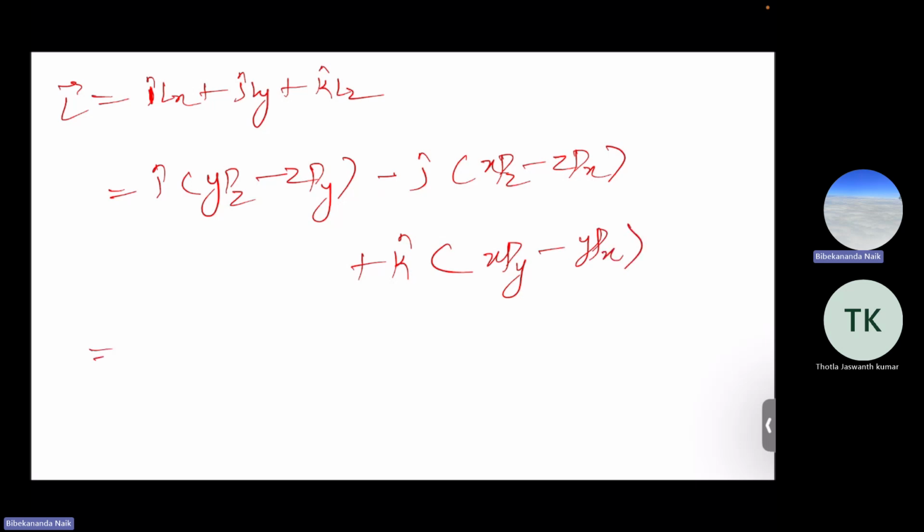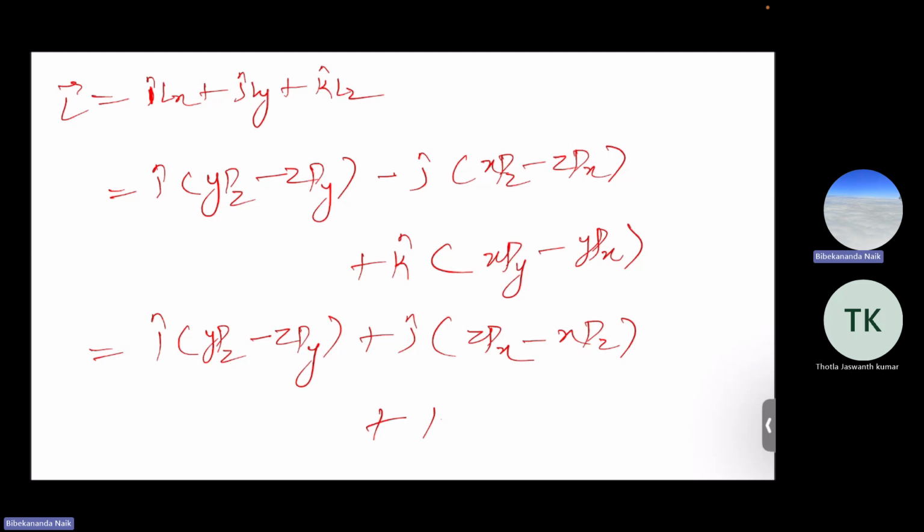So if we write it, it will be I cap (Y Pz minus Z Py) plus J cap (Z Px minus X Pz) plus K cap (X Py minus Y Px).